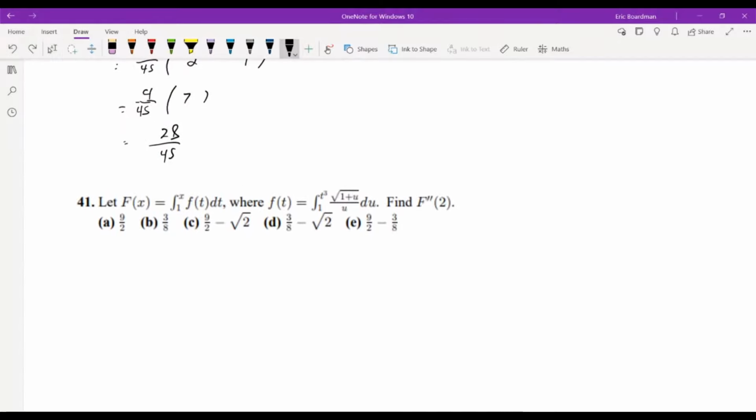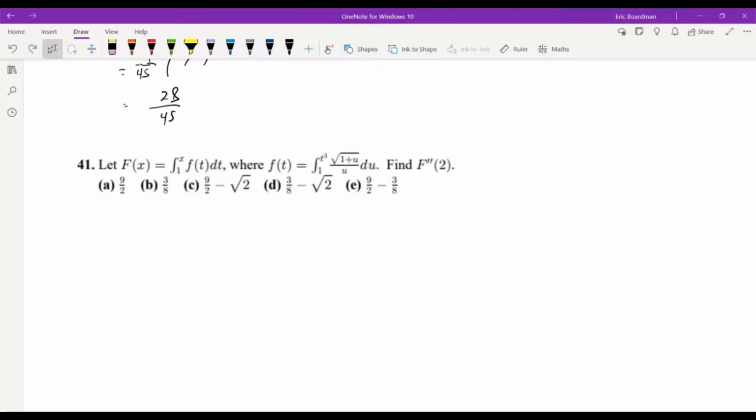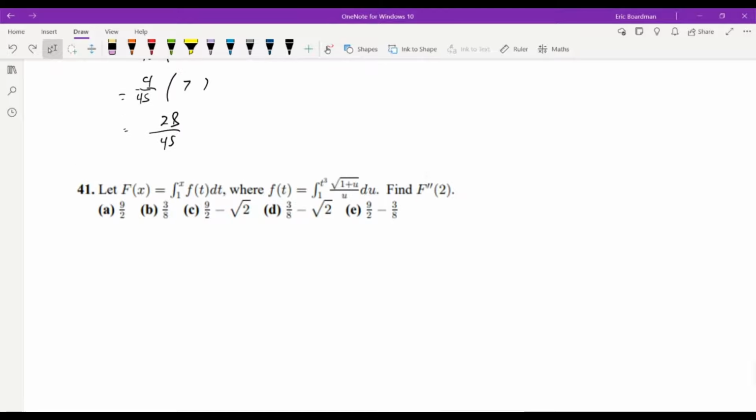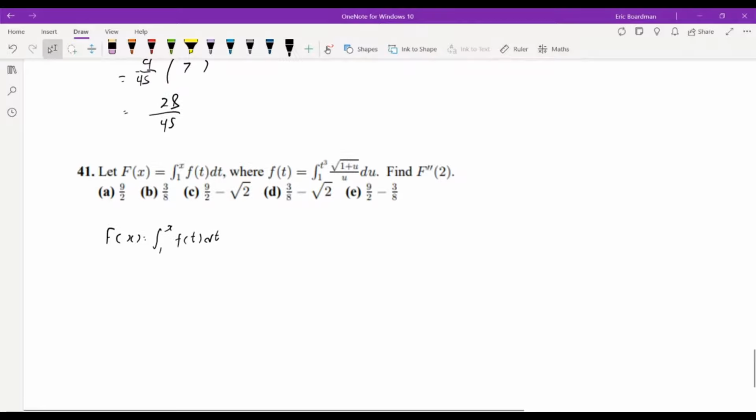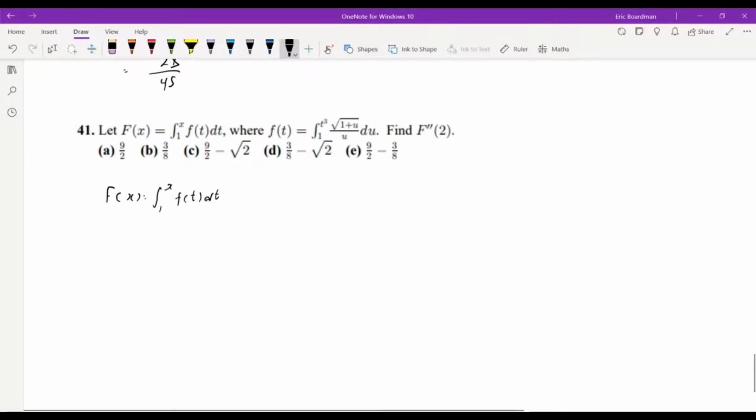So we want to find the second derivative of big F at x equals 2. So we have big F of x equals the integral from 1 to x of f of t integrated with respect to t. And now, just by the fundamental theorem of calculus, big F prime of x is going to be f of x.